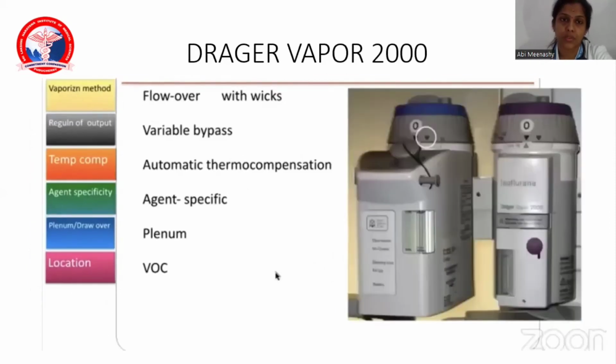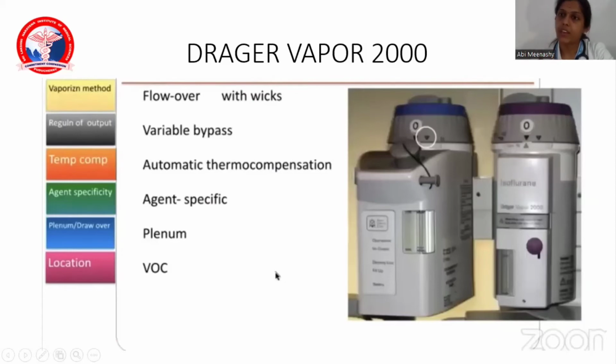Drager Vapor 2000. Here, the vaporizing method is flow over with wicks, variable bypass, automatic thermocompensation, agent specific, plenum vaporizer outside the circuit. The point you have to see here is, can you see a triangle with T on it? In the previous class, I was telling you about tilting and tipping.